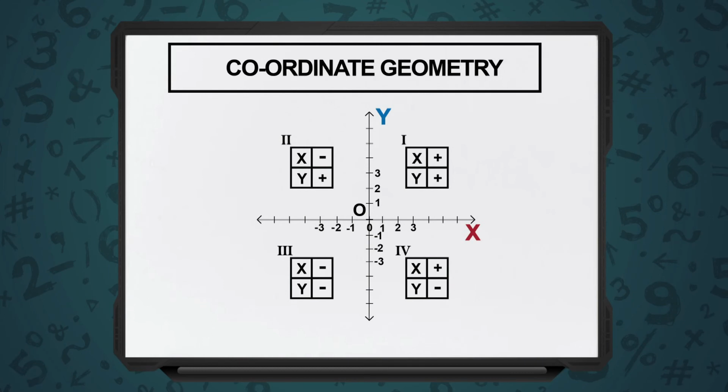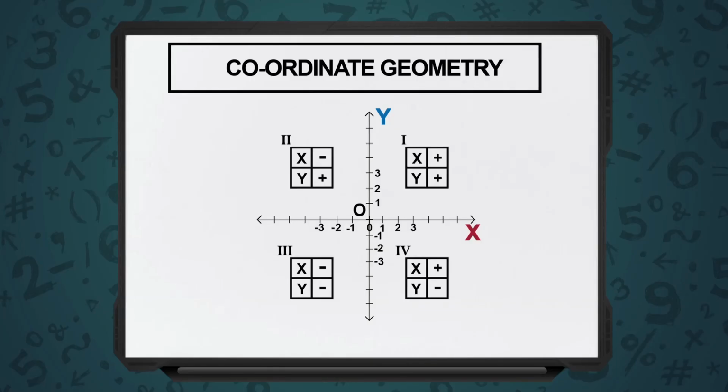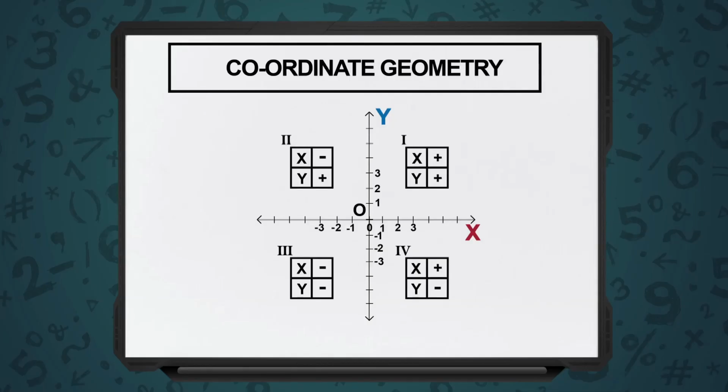So in the third quadrant, both the x and y coordinates are negative. And when we move to the fourth quadrant, x is to the right of O, which means the x coordinate is positive, and y is below O. So in the fourth quadrant, you have x positive, y negative.